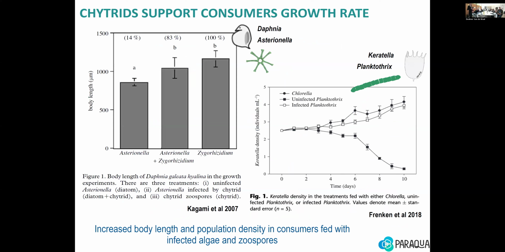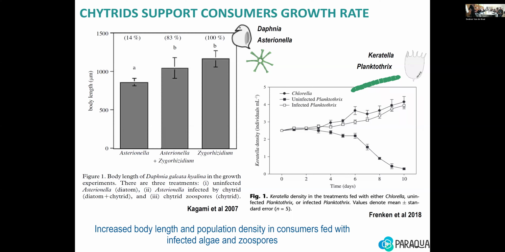So the first evidence was that Chytrid supports the consumer growth rate. This was an experiment done by Maiko in 2007. She used the Daphnia model with Asterionella, and Keratella, isolated not far away from here, across the road. So coming back to the importance of having water and a small water plant next to your lab.